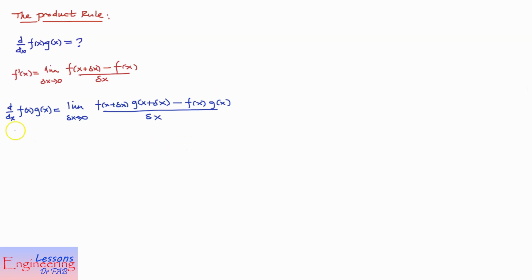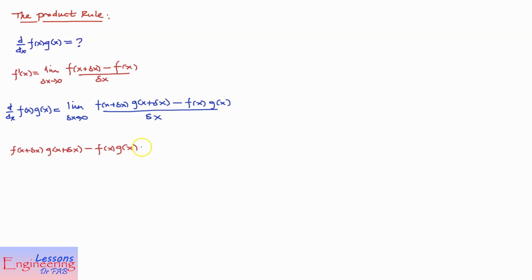So if we consider the numerator part of this function, which is f of x plus sigma x times g of x plus sigma x minus f of x times g of x.